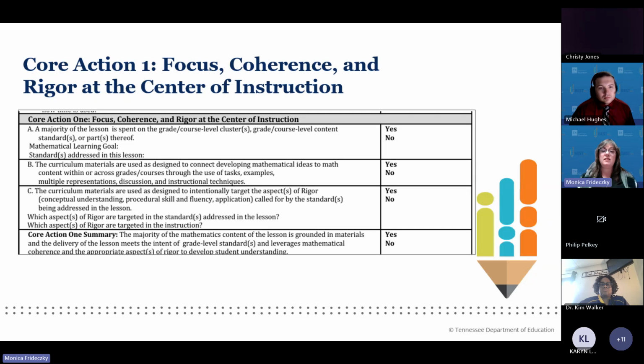We want students to see this beautiful connection between all of these math concepts as all of mathematics.